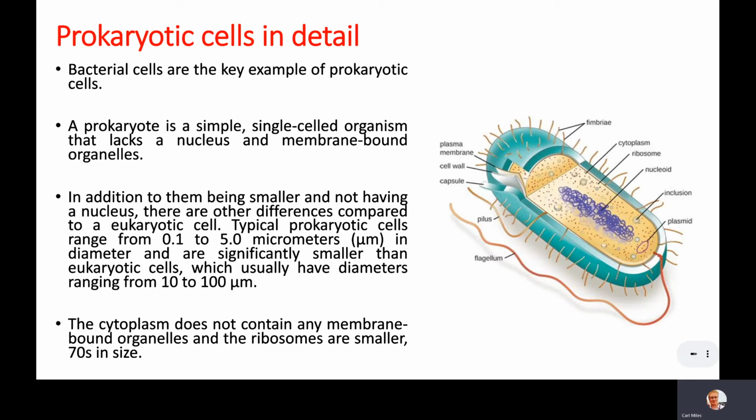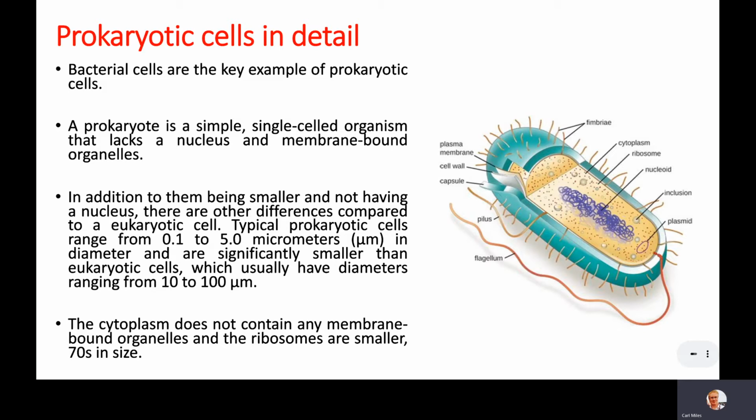As we said before, bacterial cells are probably the most common example that people would give if they're asked to name a prokaryotic cell. They're very simple single-celled organisms, so they have a degree of independence with how they function, and they lack that nucleus and those membrane-bound organelles.